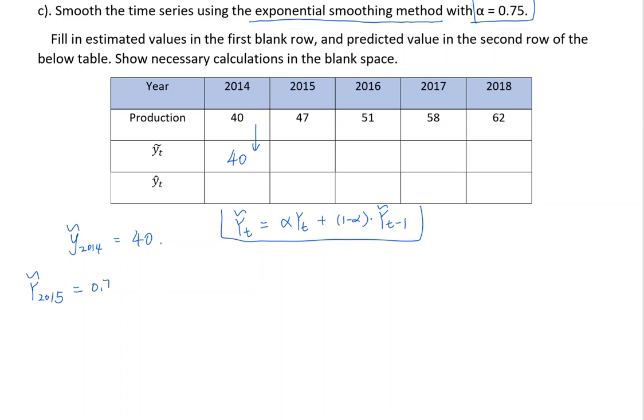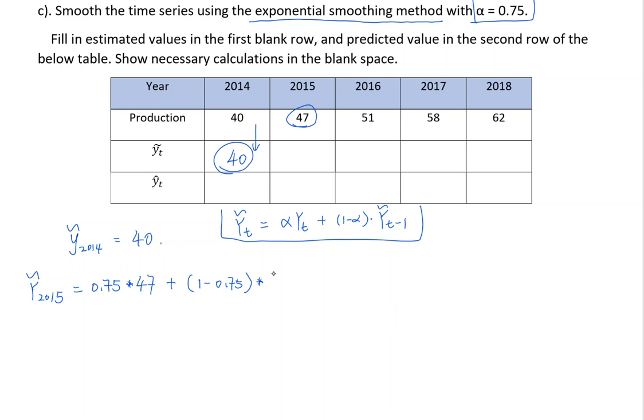So alpha is 0.75 times the current value. So that means if you are calculating the estimated value for 2015, you need the current value for 2015, right? So which is 47, and then plus the 1 minus alpha, so which is 1 minus 0.75 times the previous estimated value, which is 40, right?